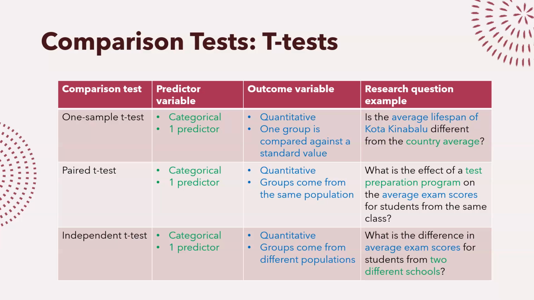If the groups come from two different populations, such as two different species or people from two separate cities, perform a two-sample t-test, also known as independent t-test or unpaired samples t-test. It helps you to compare the means of two sets of data. For example, you could run a t-test to see if the average exam scores of two different schools are different.